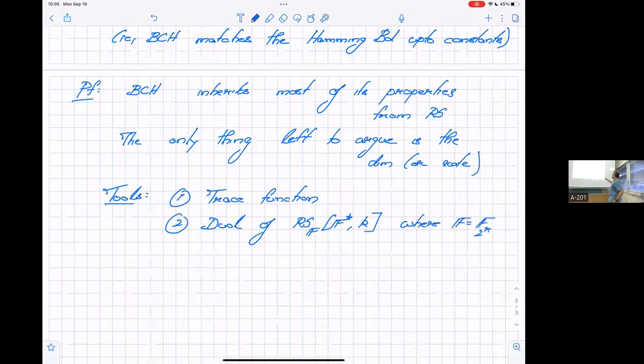Notice we didn't study this last time. We studied Reed-Solomon over F with dimension K. We studied the dual of a Reed-Solomon code when the set of evaluation points was the entire field, not when it was F star. So we'll do some more modification to understand that. But let's first go to the trace function.